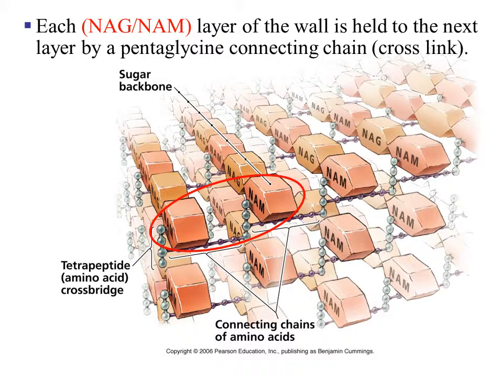Each NAG and NAM layer of the bacterial cell wall is held to the next layer by a pentapeptide. This pentapeptide is made of glycine, so they're going to call it a pentaglycine. Or it can be called a connecting chain or a cross-link. Notice how it is perpendicular to the layers.